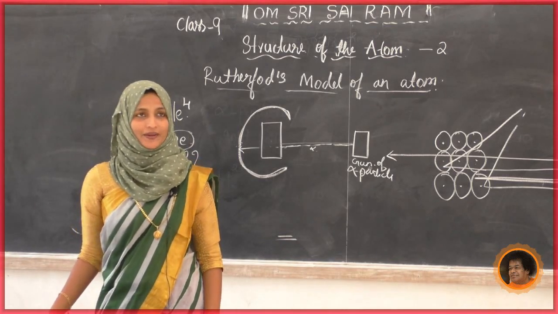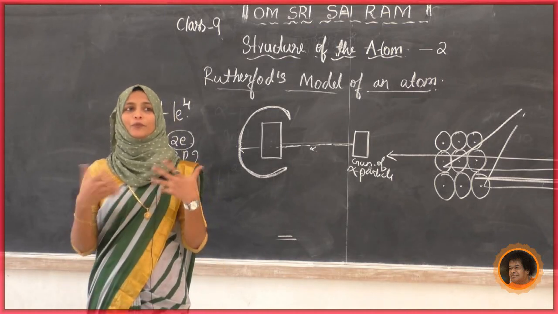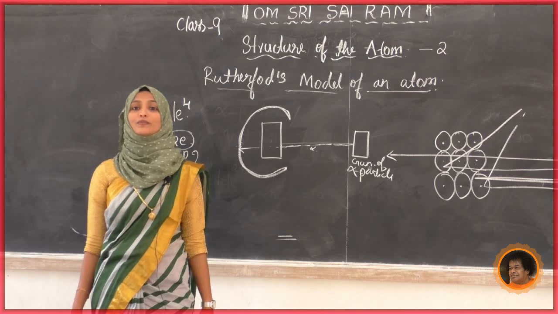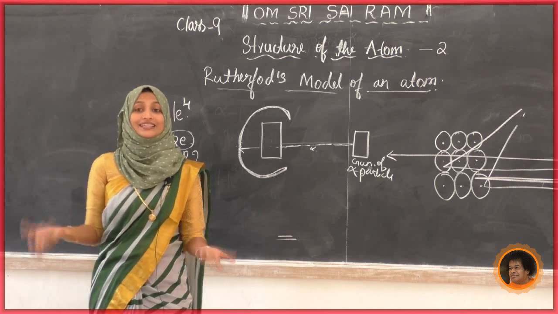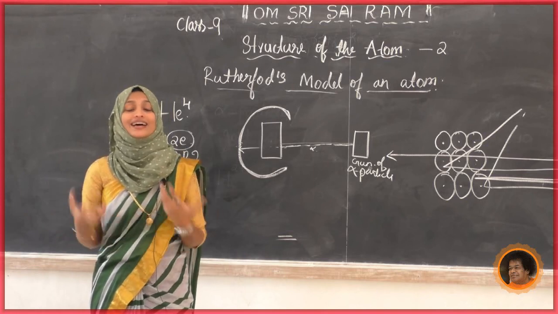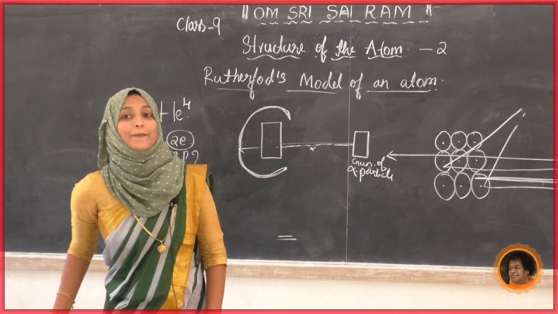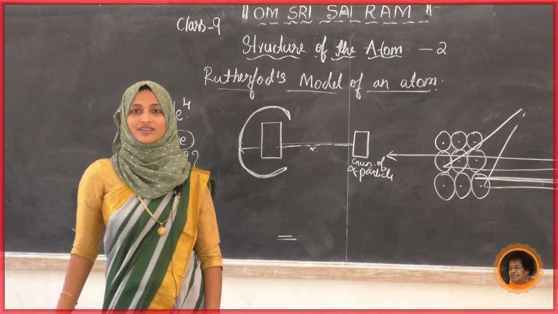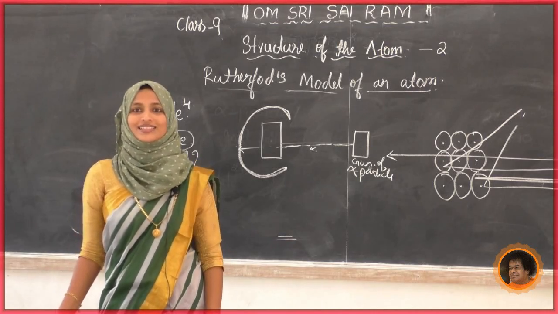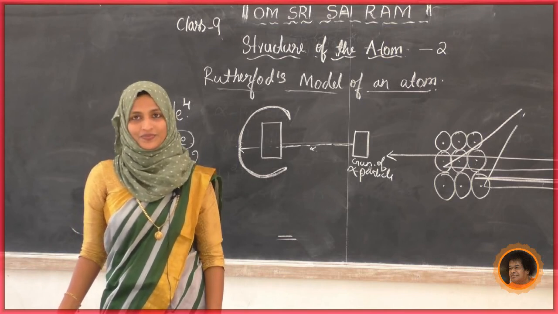Okay? Yes. Now, he put forward the nuclear model of an atom. Unexpectedly, actually he wanted to find or study the arrangement of electrons, right? Unexpectedly, what happened? He became the father of the nucleus, or else he discovered the nucleus in an atom.